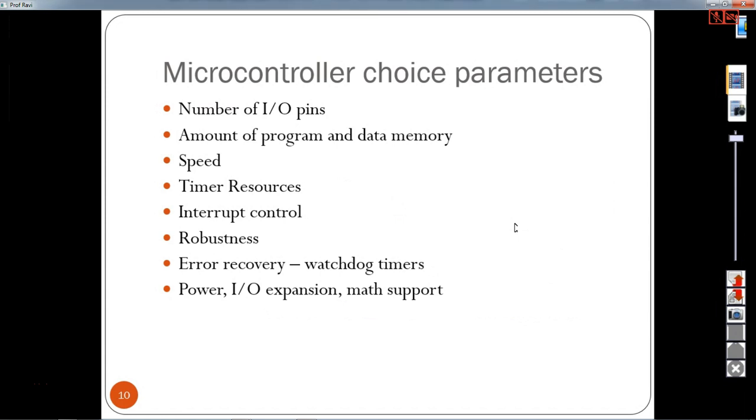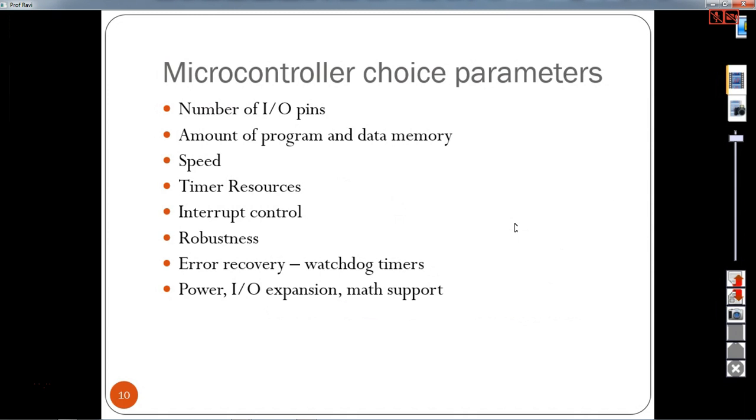But in PIC architecture, it is a Harvard architecture. The feature of this is you have a CPU, and let us say you want to work on huge data. So you have a separate data memory, and the code which you are writing would be in a separate program memory.